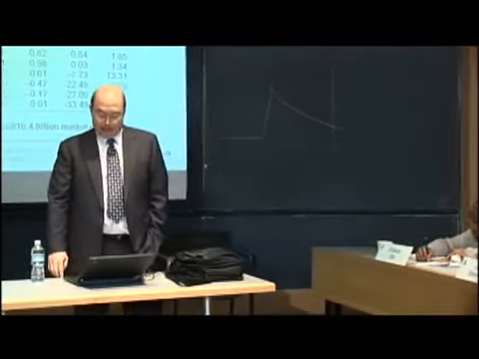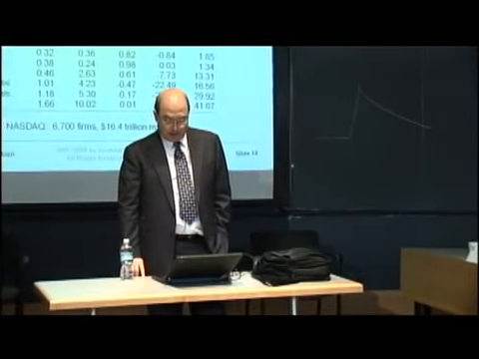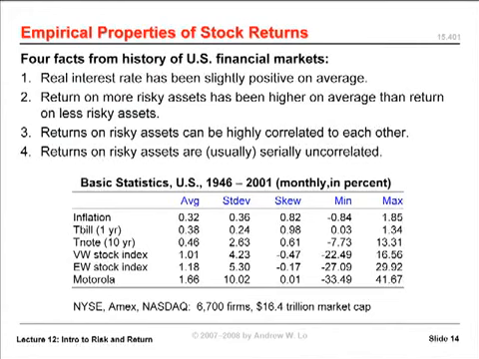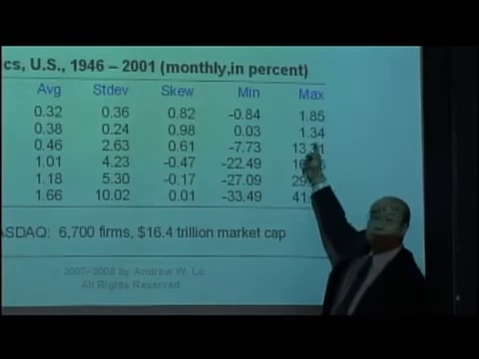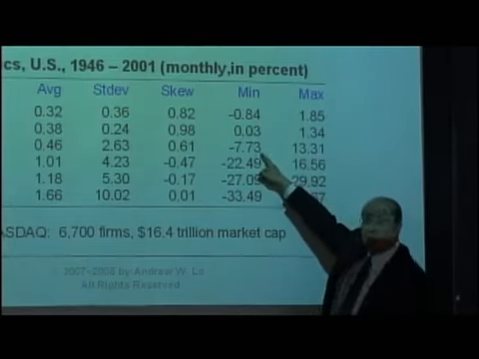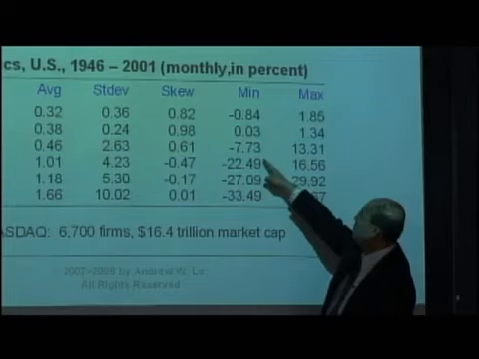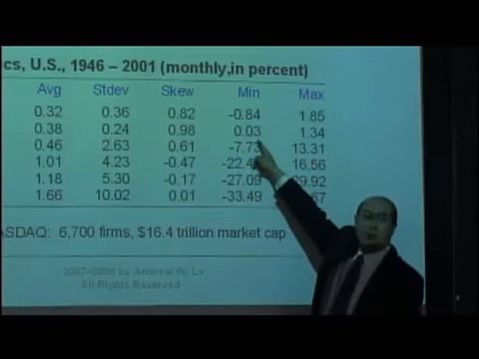Okay. The other thing that I want you to see is something along the lines of the minimum and the maximum. This is another way of representing the riskiness of the security. So T-bills are bounded between 0.03 and 1.34 in terms of their return, a very narrow band. Treasury notes, which are 10-year instruments, obviously are going to be swinging around much more than a one-year T-bill, right?